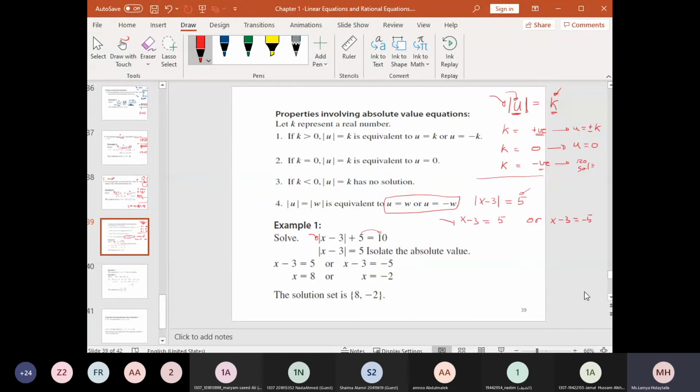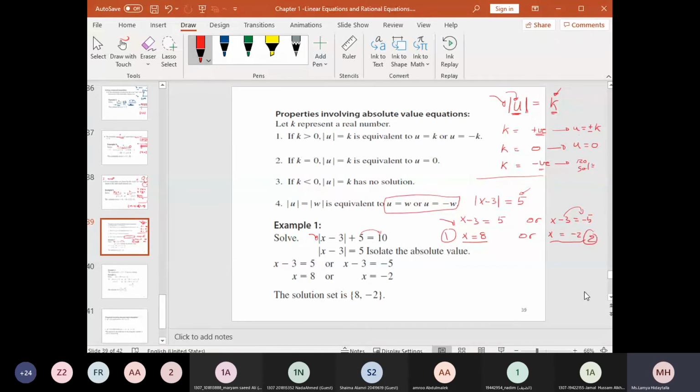So x will equal 5 plus 3, which is 8, or x is equal to minus 2. So I have two solutions. This is the first and this is the second.